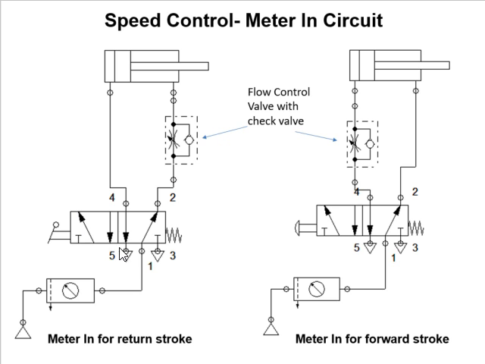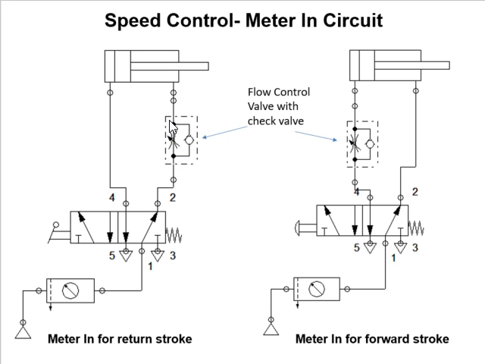So the fluid will enter from 1 to 4, then flow will pass directly to the cap end side. Now the flow which is coming out for this stroke will pass through the flow control valve as well as through this check valve. So here for the forward stroke, the fluid will not be controlled.